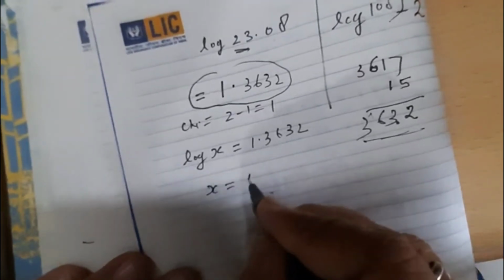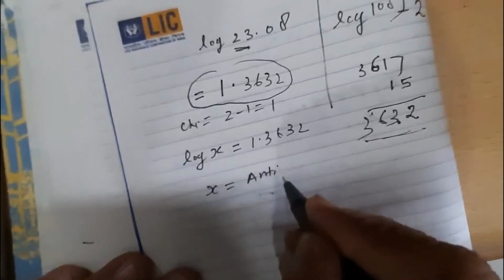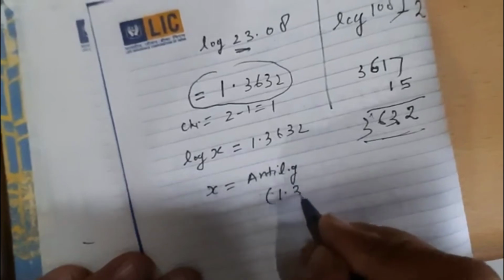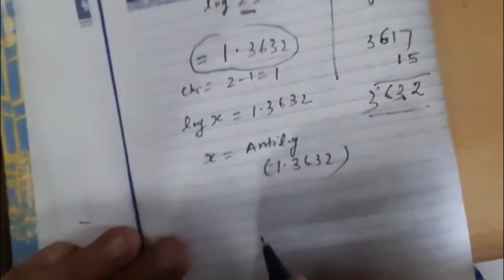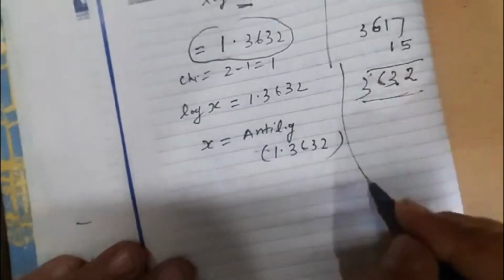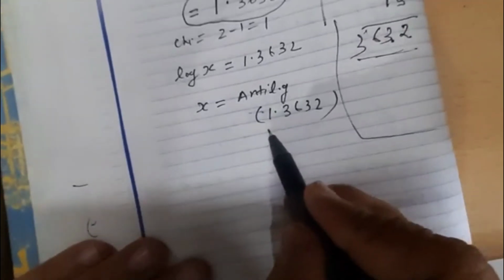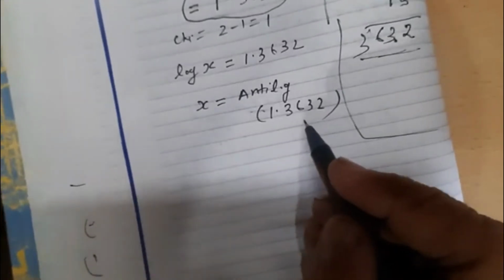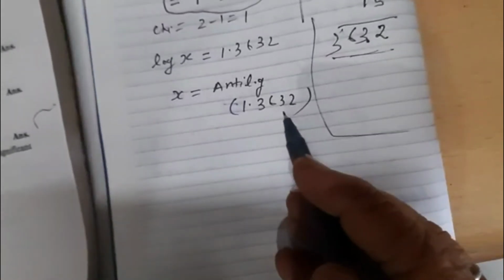For the value, we take the anti-log of 1.3632. I already told you that 1 indicates only the place of decimal. This is the characteristic, and for anti-log we see the anti-log table, 0.36 below 3, and then the mean difference.